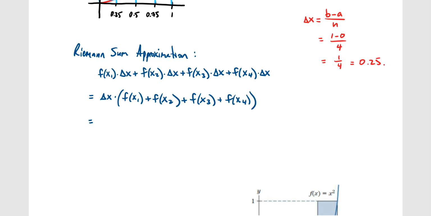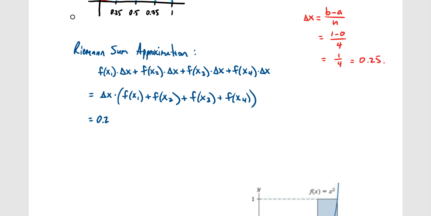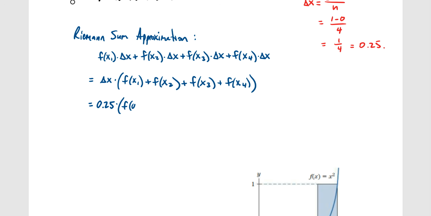Delta x is 0.25. F of x1 was 0.25, so f of 0.25. F of x2 was 0.5. x3 was 0.75. And x4 was 1.